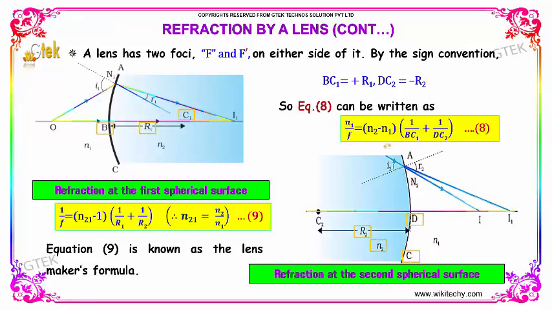Here, instead of BC1 and DC2, you are able to write R1 and R2. So n21 is equal to n2 divided by n1, the refractive index. Equation 9 is called the lens maker's formula, replacing n2 minus n1 with n21 minus 1.